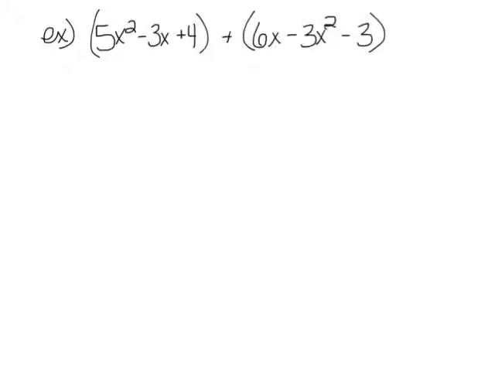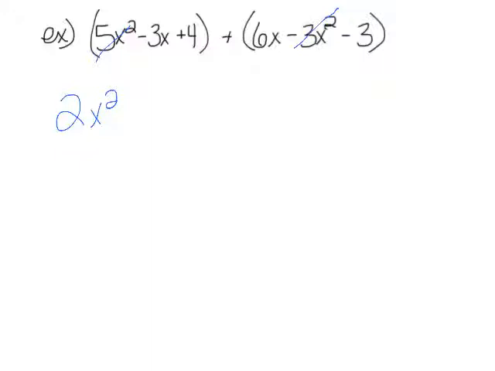5x squared minus 3x plus 4 plus 6x minus 3x squared minus 3. So I'm going to start with my highest degree, which is 2. So 5x squared plus a negative 3x squared gives me 2x squared. Cross those terms off because I've already used them.